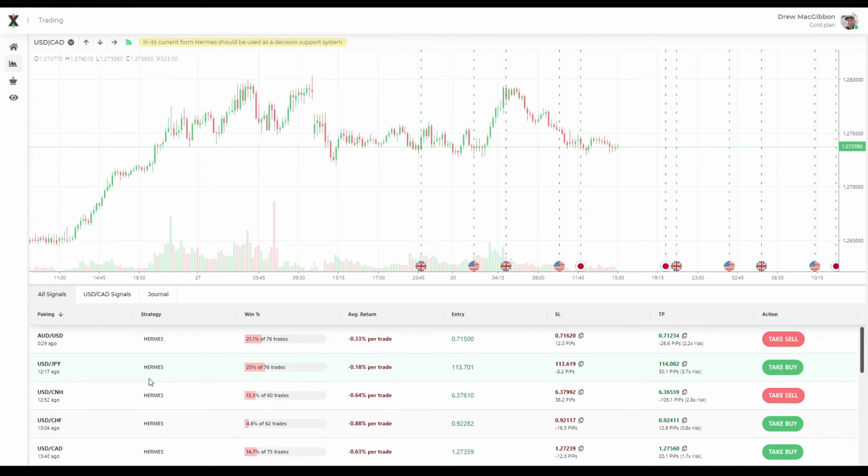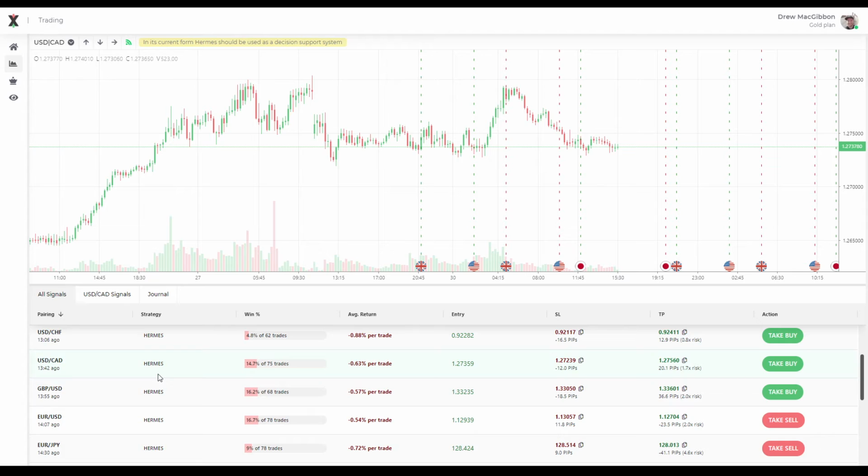So far we've got Euro JPY and USD CAD that we're looking to take signals for.